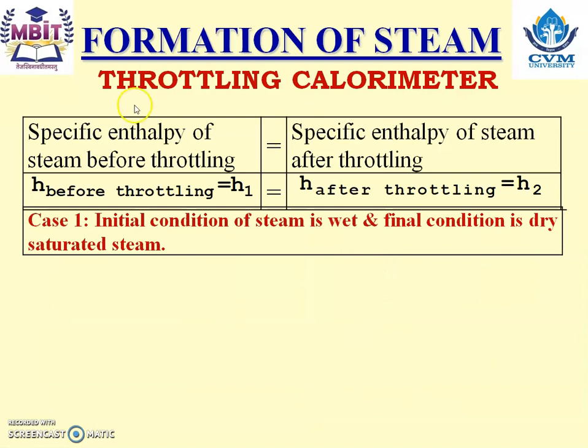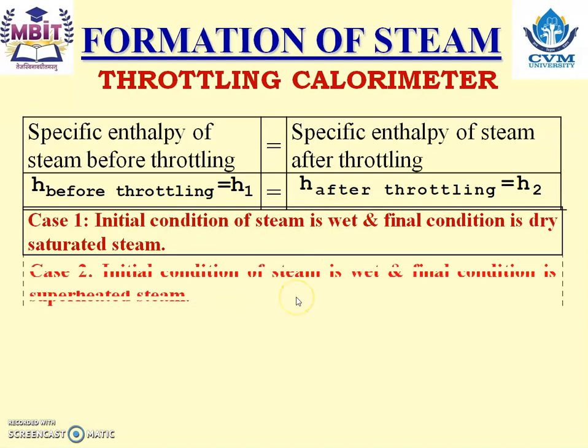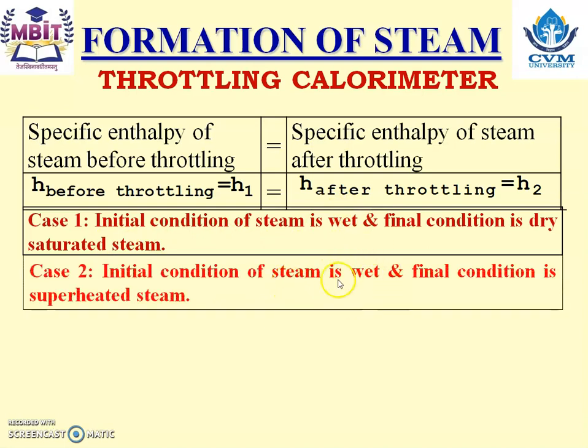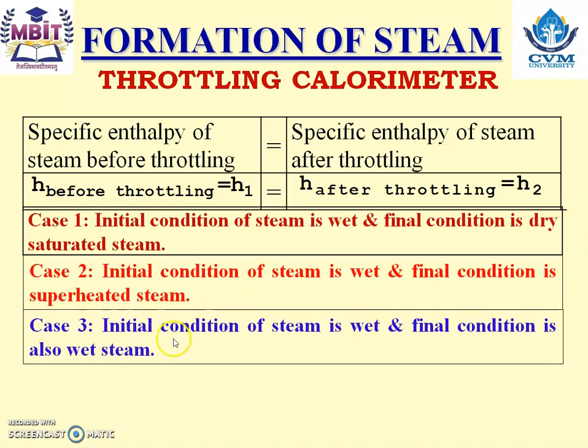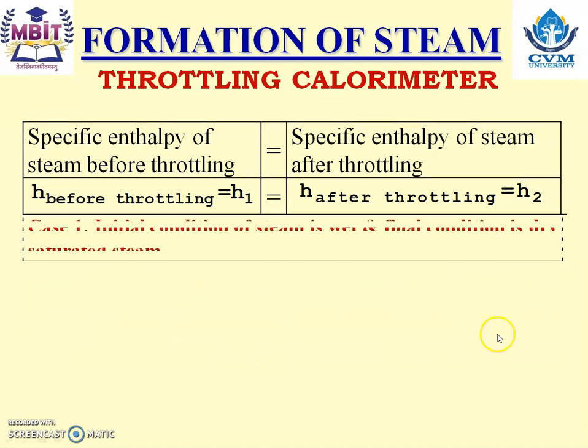Again, we know that specific enthalpy before throttling is equal to specific enthalpy after throttling. So enthalpy before throttling H1 is equal to enthalpy after throttling H2. There can be case 1, as we studied in the throttling process: wet initially, finally dry. Case 2: wet initially, finally superheated. And case 3: wet initially converted into wet.